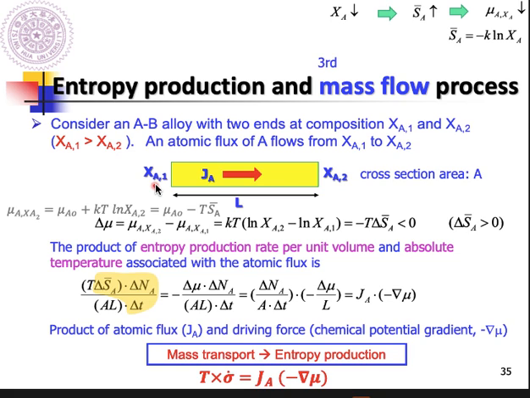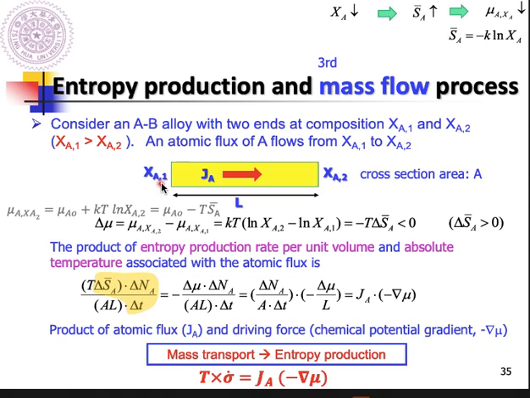The concentrations are different at location 1 and location 2, and as we know, XA1 is larger than XA2, right? So this chemical potential gradient will lead to mass transport. The driving force here is the chemical potential gradient.